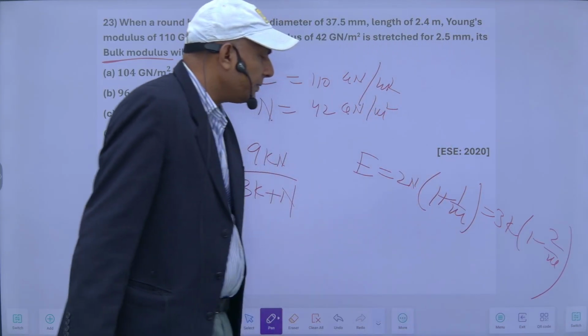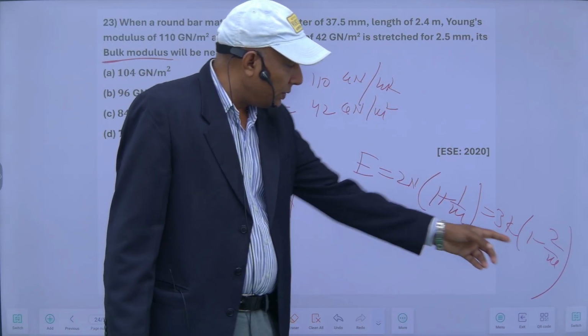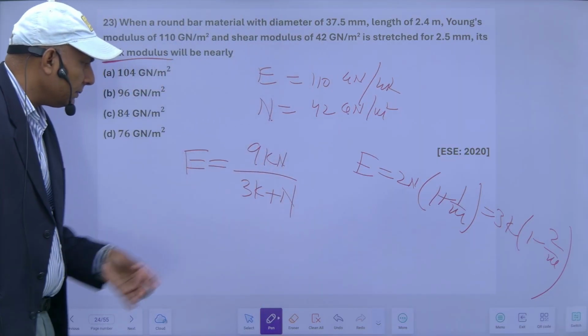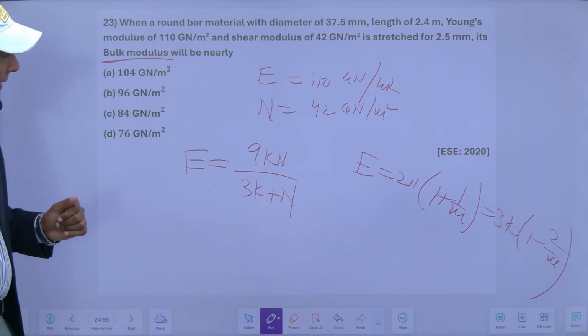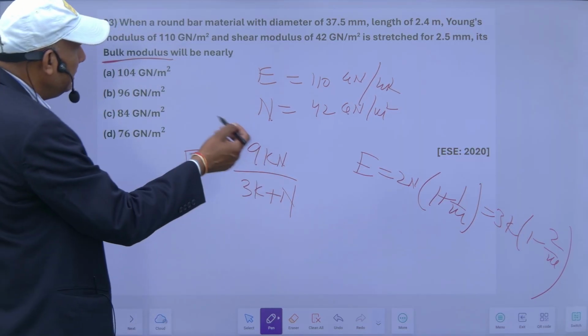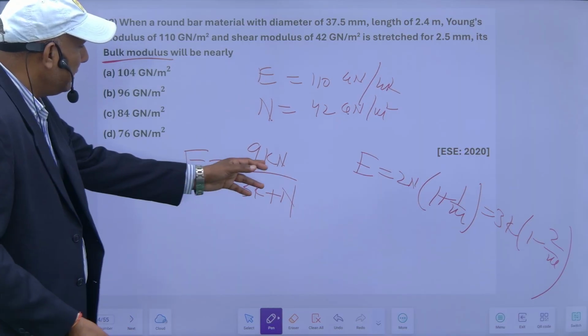So with these two equations, when I eliminate this 1 upon m, I will get this one. This formula straightaway should be in the mind. So I have to find the bulk modulus here.